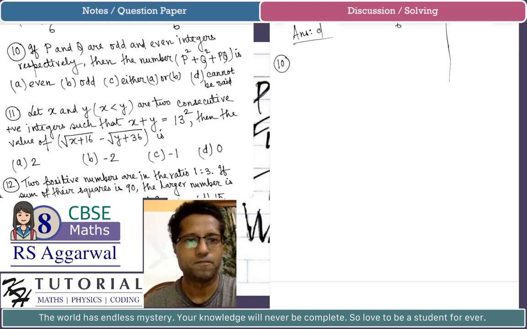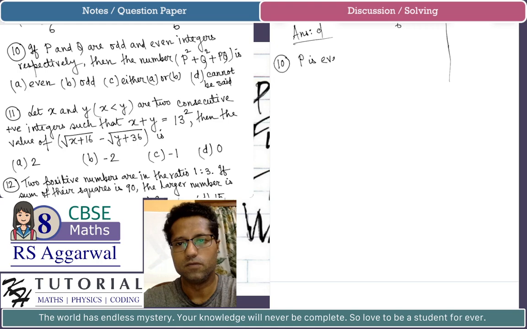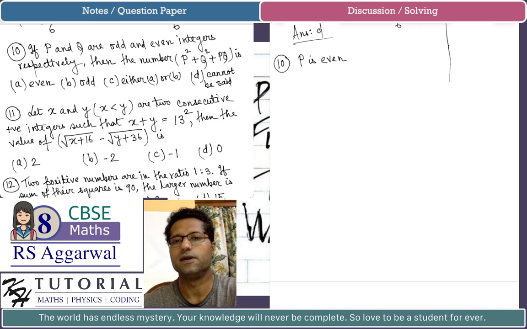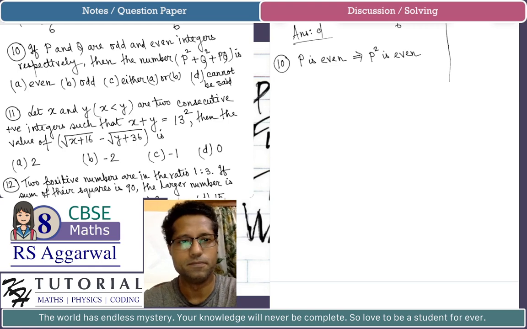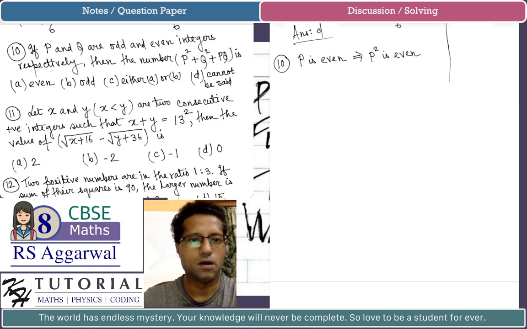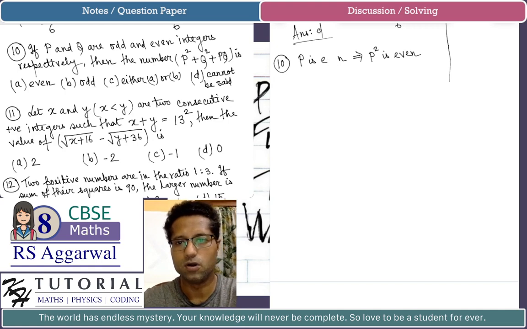If p and q are odd and even integers, sorry, in the problem p is given to be odd.